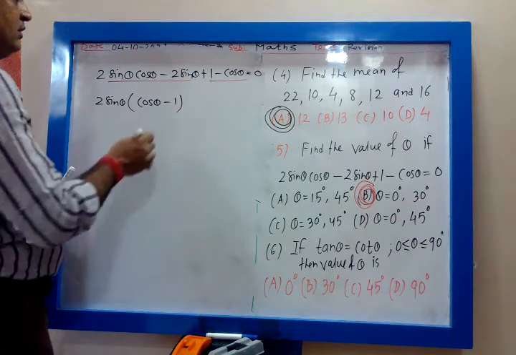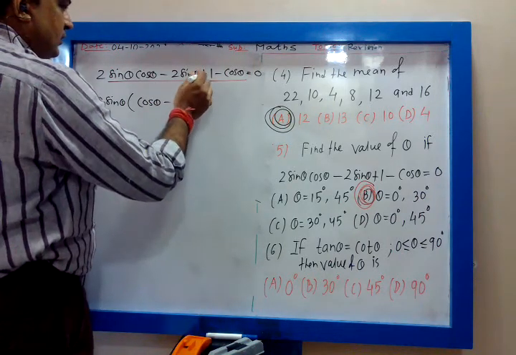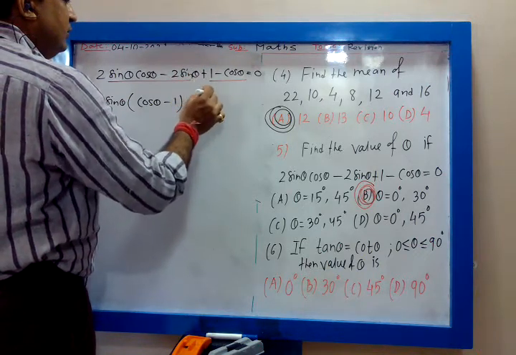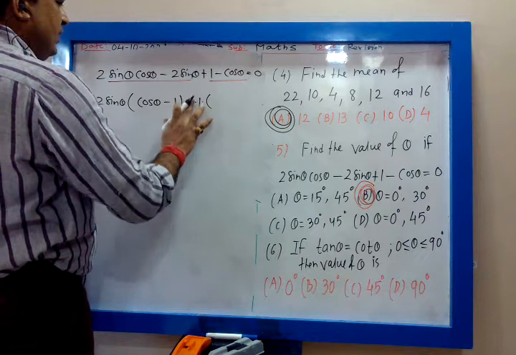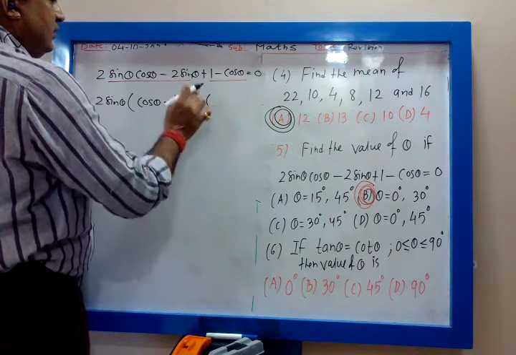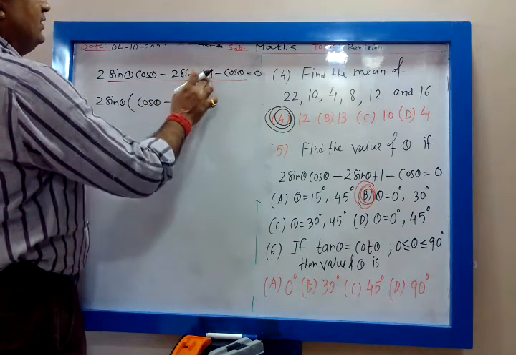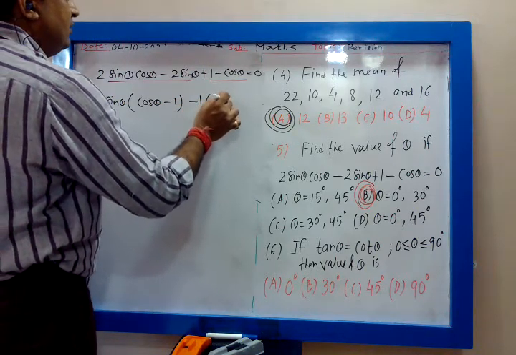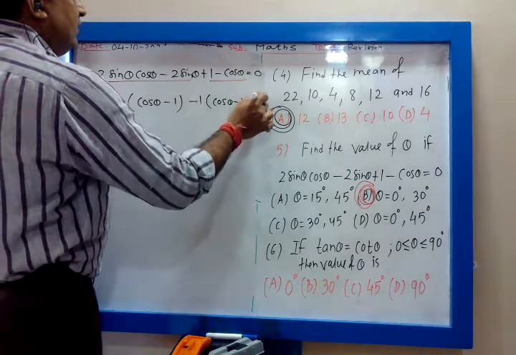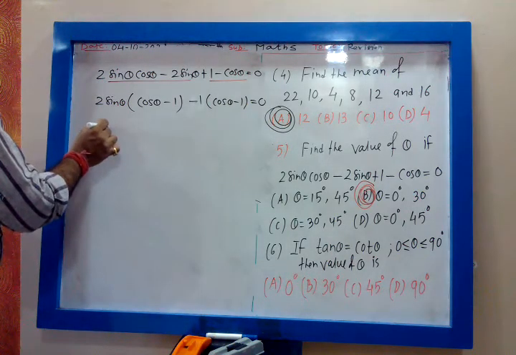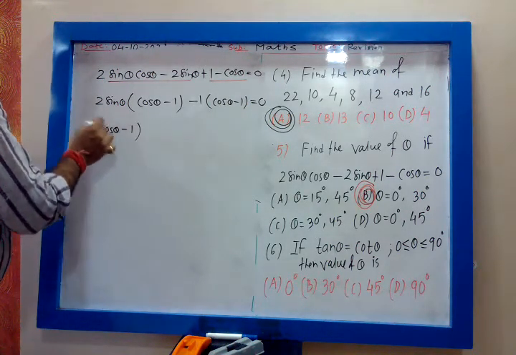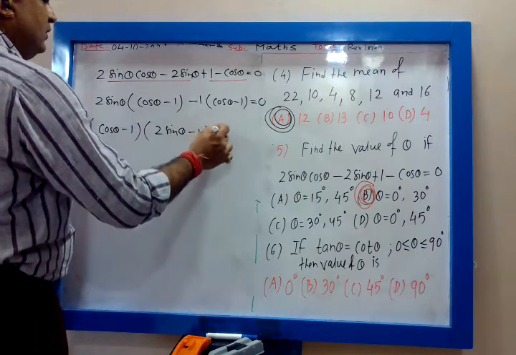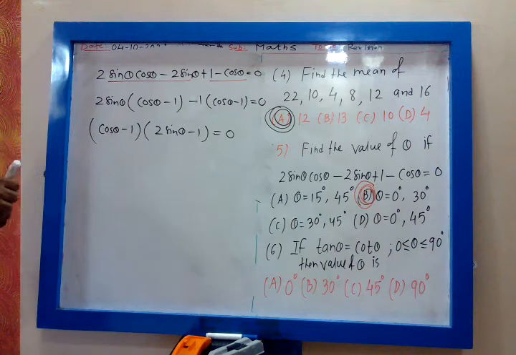Correct? Then 1 minus cos theta, I can write as minus of cos theta minus 1. So if you take minus 1 common, then it is cos theta minus 1. So you will get cos theta minus 1 common, then it will be 2 sin theta minus 1 is equal to 0.